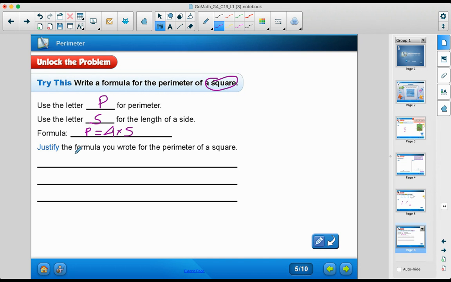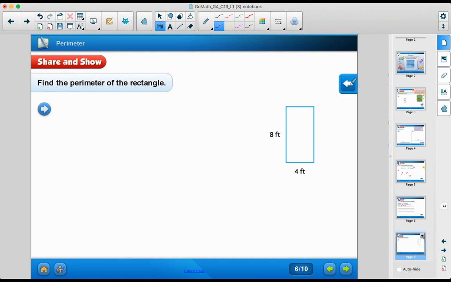So you can write that in. All sides of a square are equal length. So the perimeter equals 4 times one of the sides. Okay, let's go to the next one.